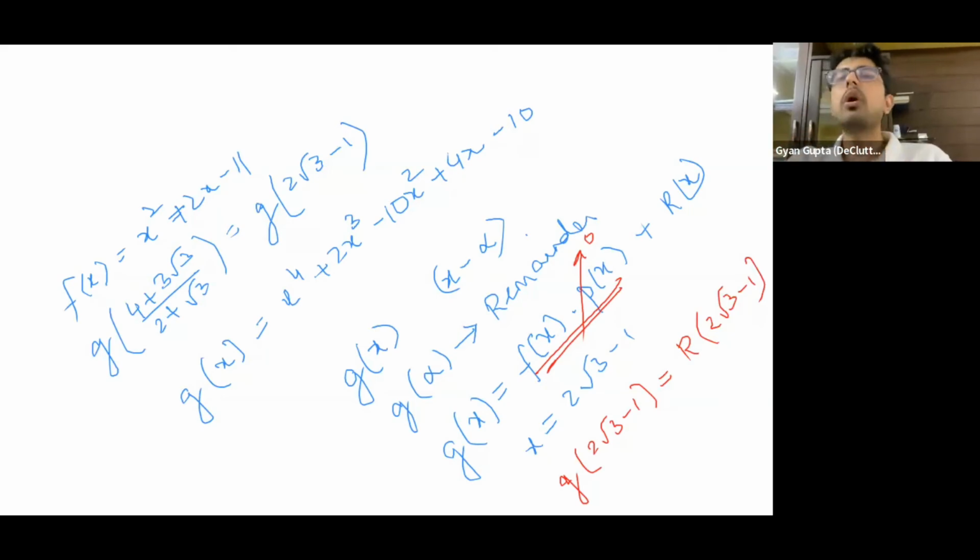In fact, what we have done is we have simplified a complex biquadratic equation into a simple linear equation, finding the value of 2 root 3 minus 1. Now, it is very easy to do this, which I will present to you in the next slide.